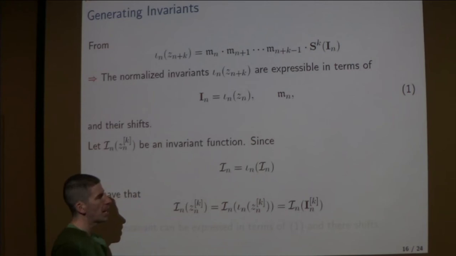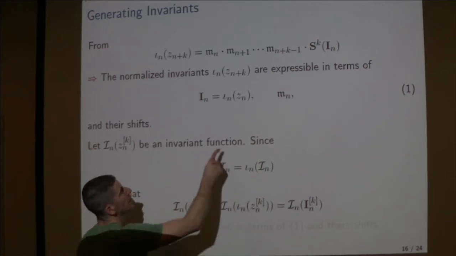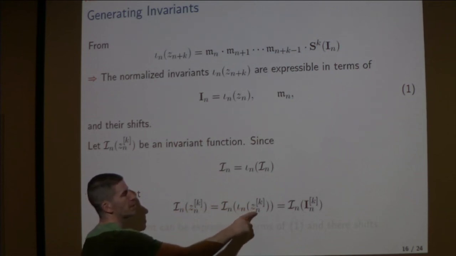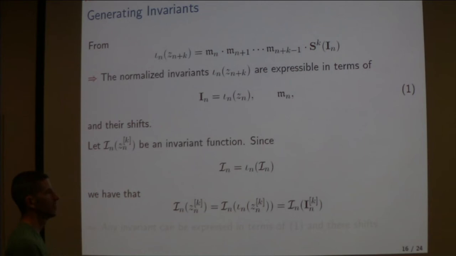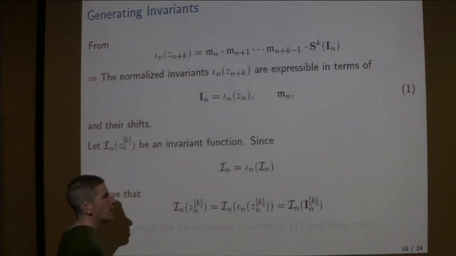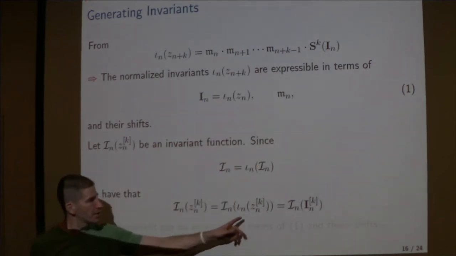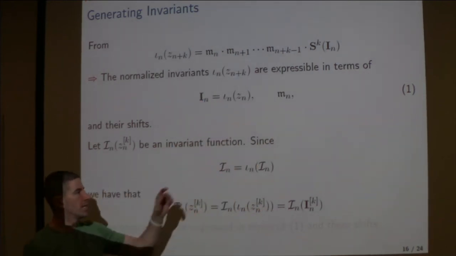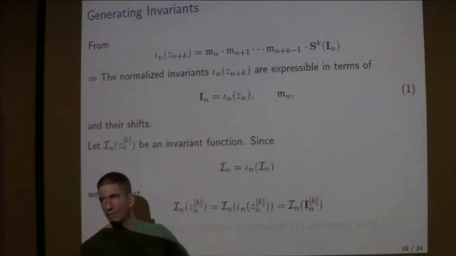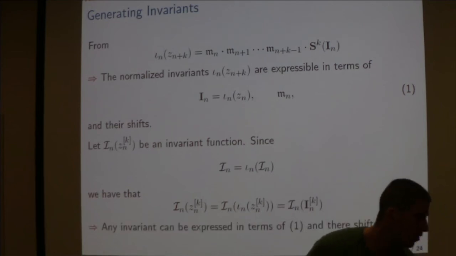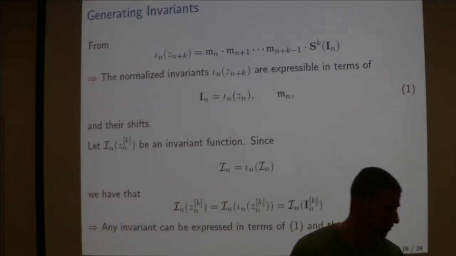But we just saw that the invariantization of any point Zn plus k, or in general of the jet Zn k, we can always express in terms of Mn and In. So these invariants that we have here, we can always rewrite them in terms of these. In other words, any invariant can be written in terms of the Maurer-Cartan invariants and the normalized invariants.